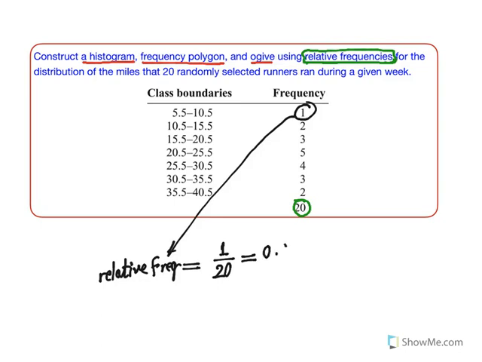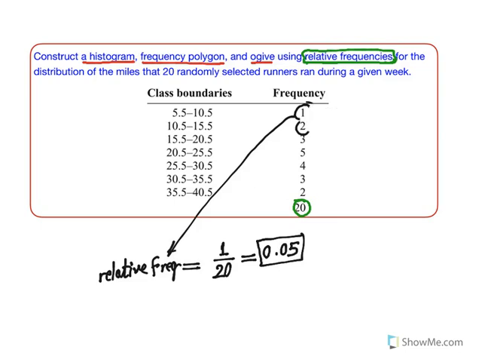So this would be 0.05, which is 5%, but you write it as a decimal. Then for 2, if you divide it by 20, you will get... for 1 you get 0.05, and let's complete this.